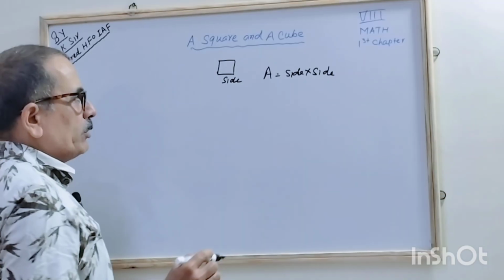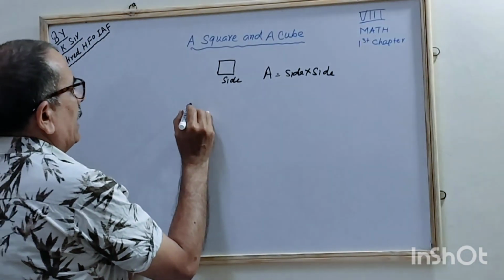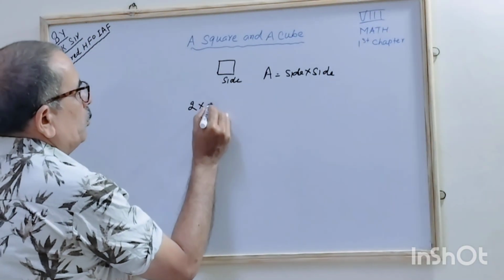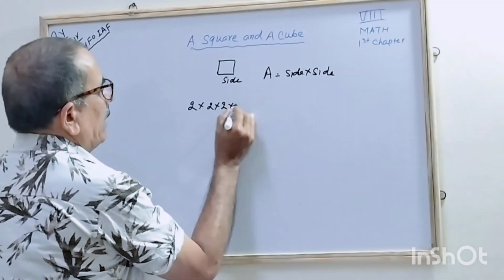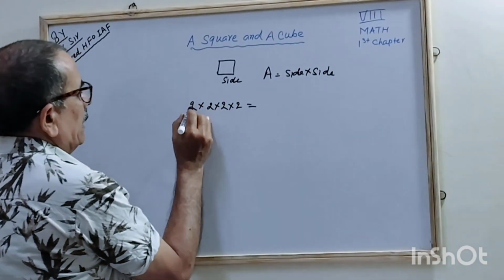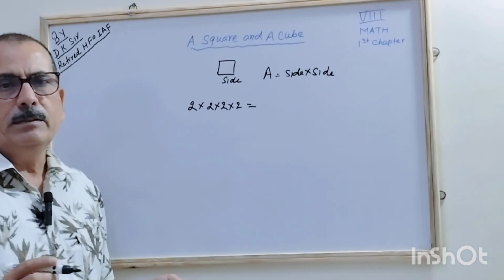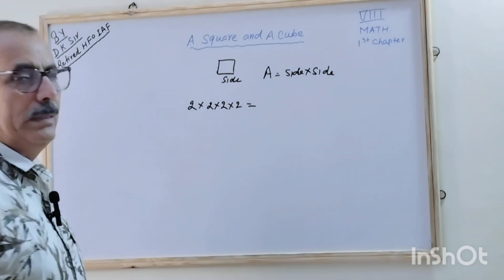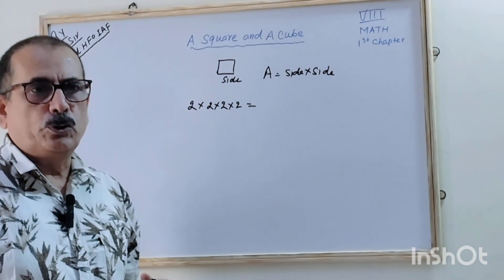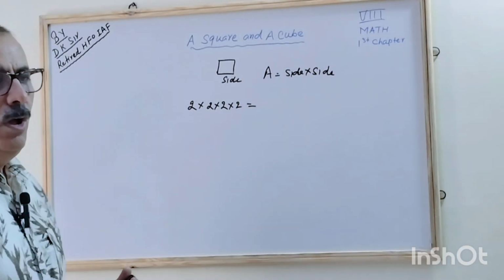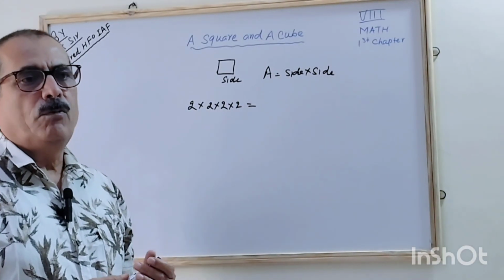So when we talk about the square, we should understand that if I say 2 into 2 into 2 some number of times, then we will count it. If the power is not given, that is okay. So 2 into 2 into 2 into 2, we see that 2 has been multiplied 4 times.